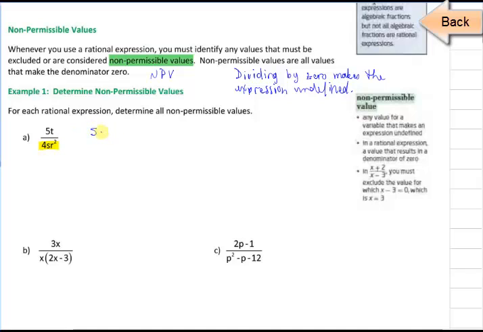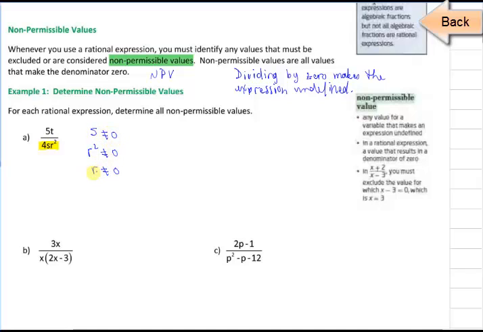So we can start by saying that s can't be 0 and continue by saying that r squared cannot be equal to 0. And we can simplify this expression r squared cannot be equal to 0 to r cannot be equal to 0. And we can test out whether this is true or not.